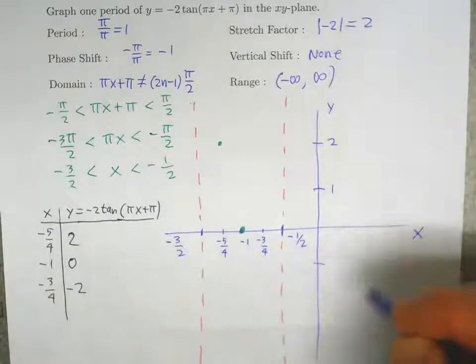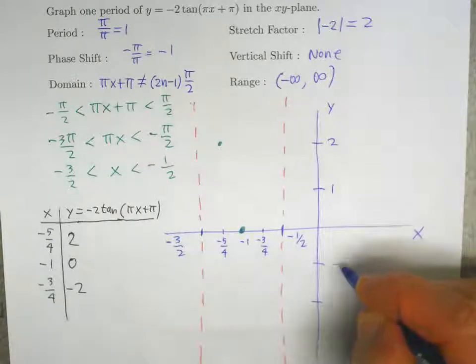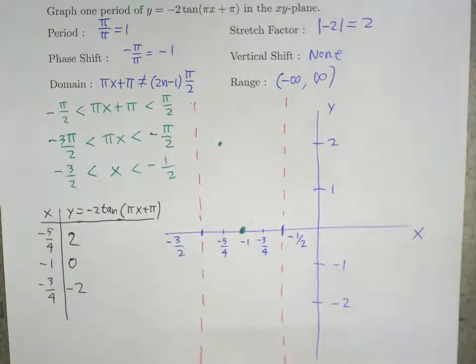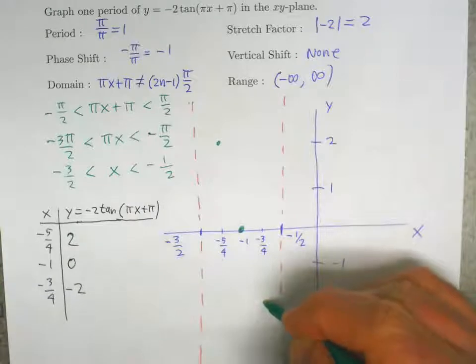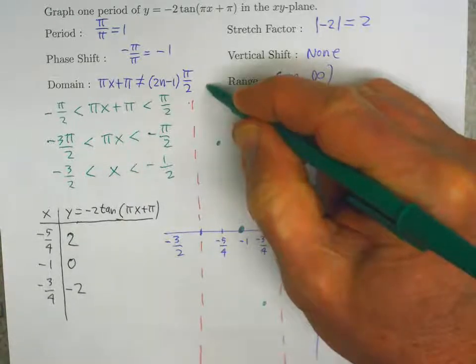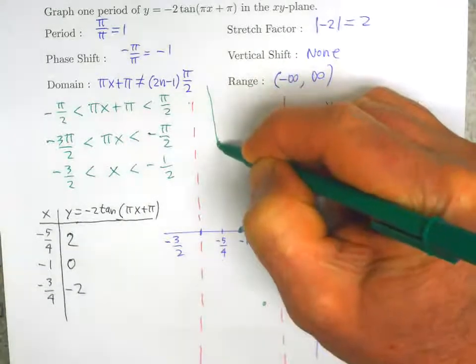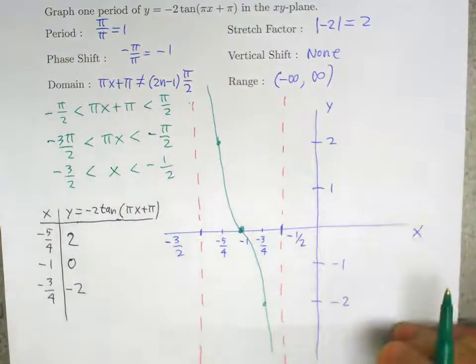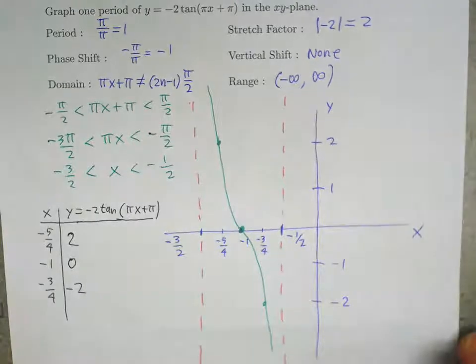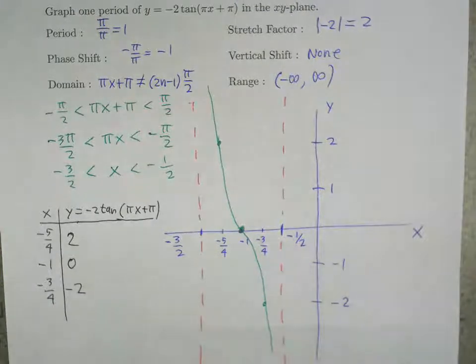And when x is negative 3/4, the output is negative 2. So we have this graph, roughly. Okay, moving on.